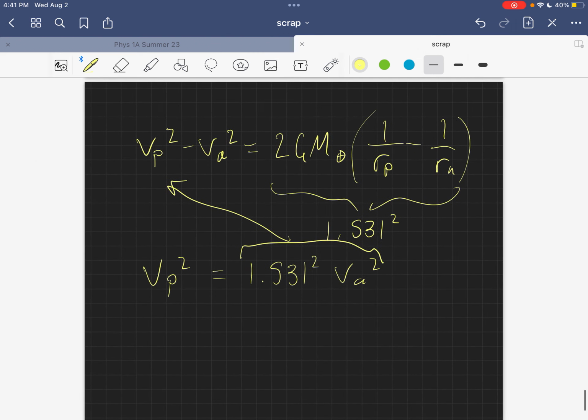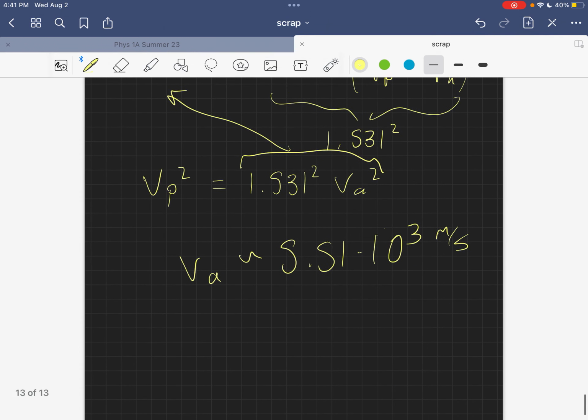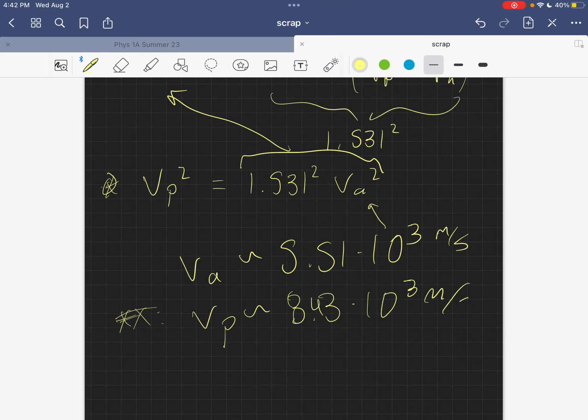So if you do that, you would get Va is approximately equal to 5.51 times 10 to the third meters per second. And then you just plug this back into this equation here. I'll call this star. If you plug that into equation star, you would get velocity at perigee is approximately 8.43 times 10 to the third meters per second. Okay? Those are your two velocities.